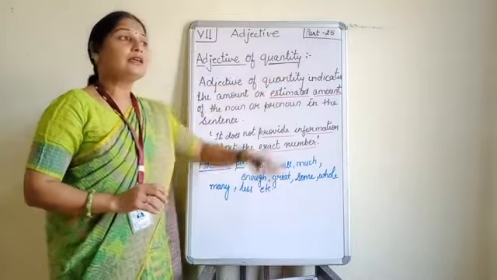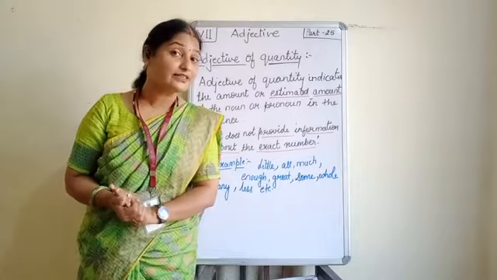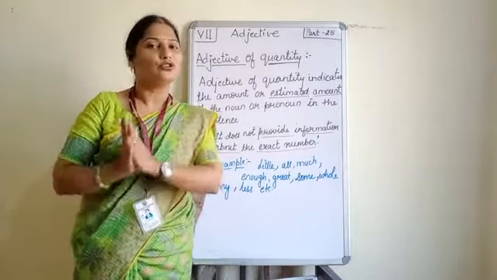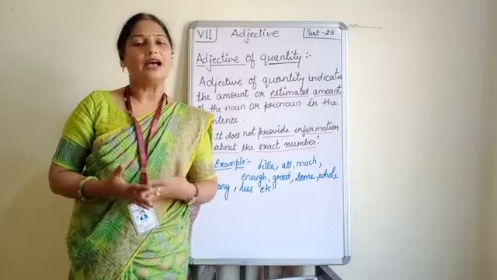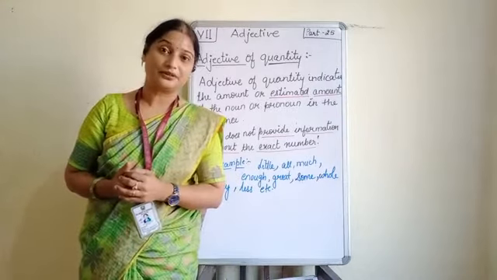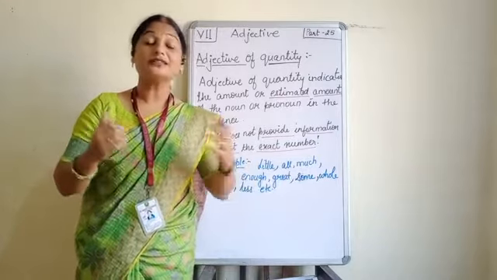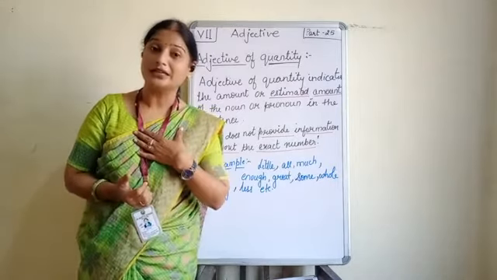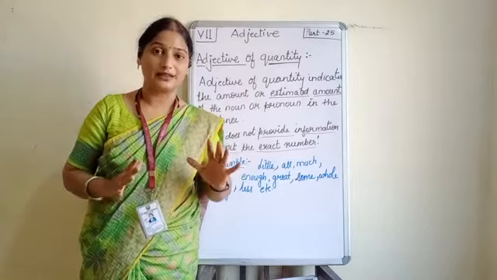Clear? Now see one more example. Suppose a teacher enters the class. Or if I enter the class and you all are there, as soon as I enter, I simply say, all of you stand up. Now suppose children, if there are 61 students in my class, then for me, all of you means all 61. Correct?